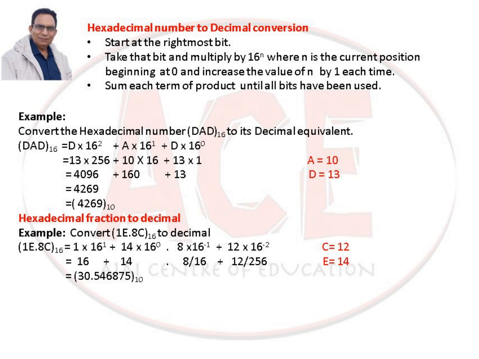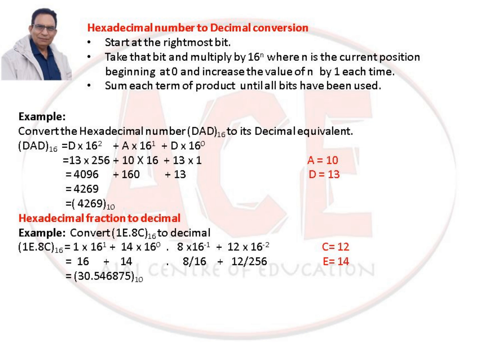Now let us see how we can convert a hexadecimal fraction to a decimal fraction. Example, convert 1E.8C base 16 to decimal. We know in hexadecimal numbers E is equivalent to 14 and C is equal to 12.